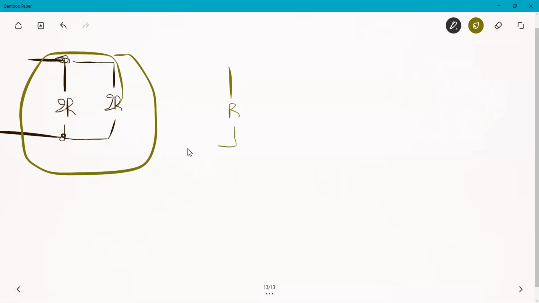Then you have 1.5R here, 1.5R there, R, and here another 2R, and then the rest of the circuits.